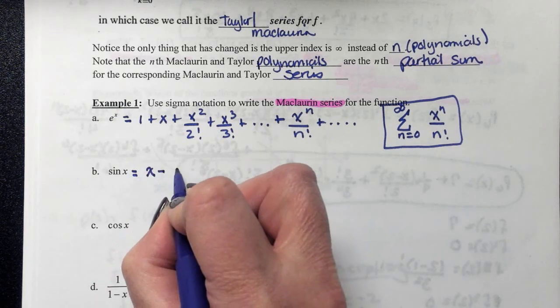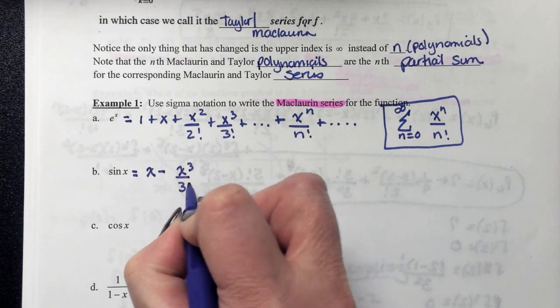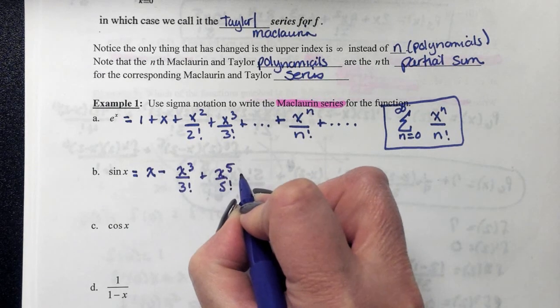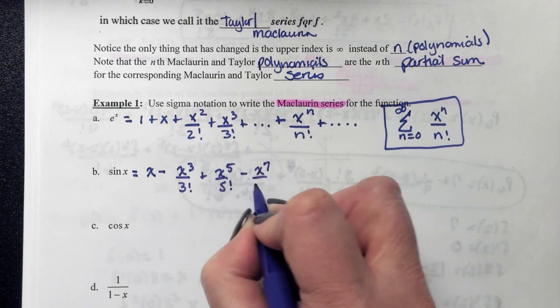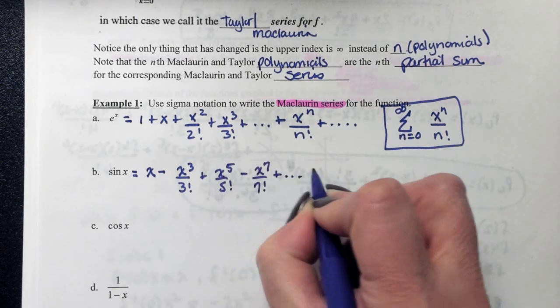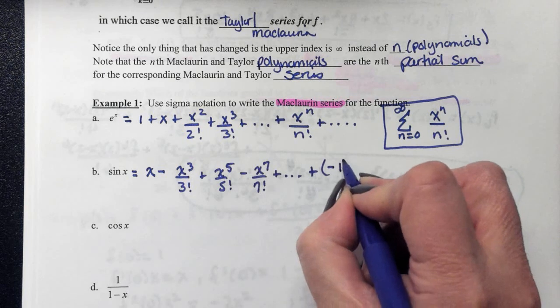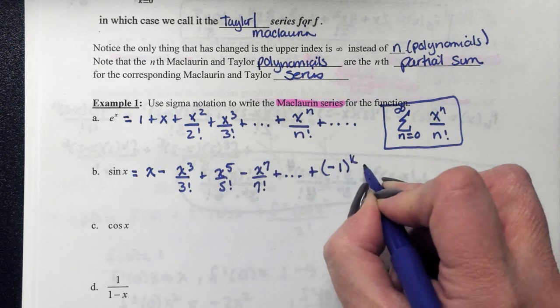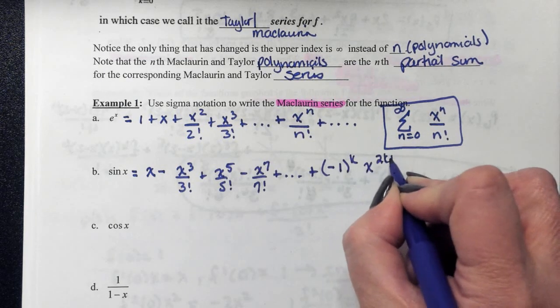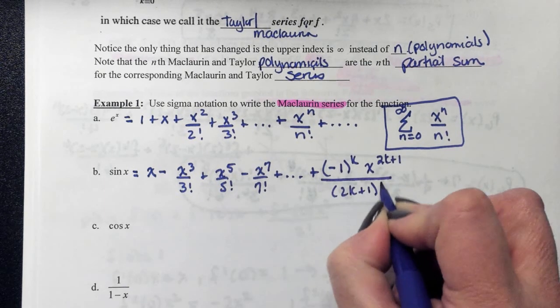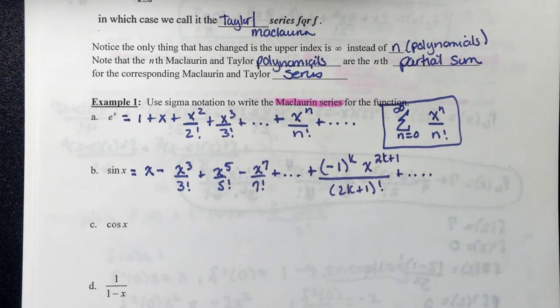So x minus x to the third over 3 factorial plus x to the fifth over 5 factorial minus x to the seventh over 7 factorial plus dot, dot, dot plus. Remember, you need that alternator, so it's going to be your negative 1 to the k. You have x to the 2k plus 1 all over your quantity 2k plus 1 factorial plus your dot, dot, dot.